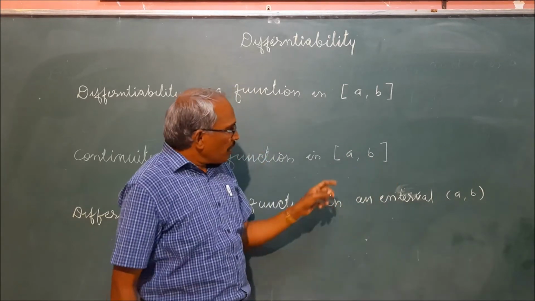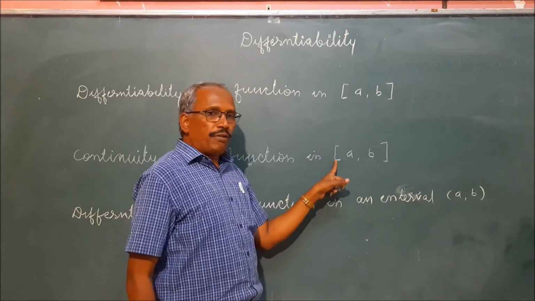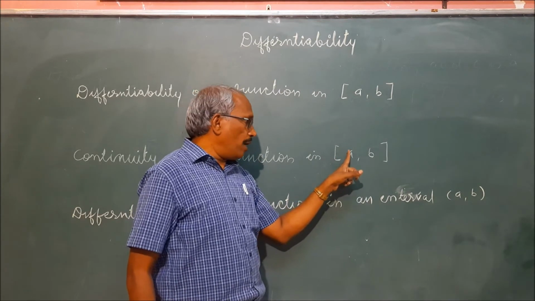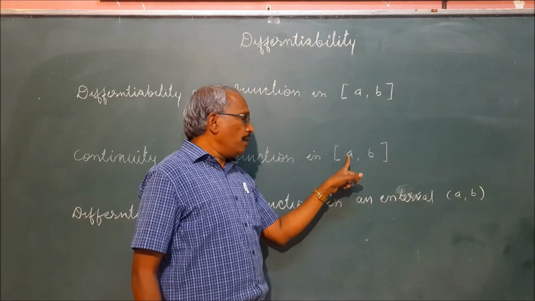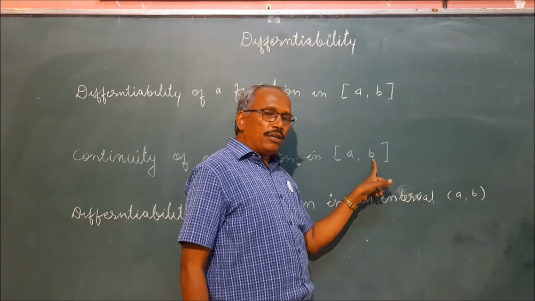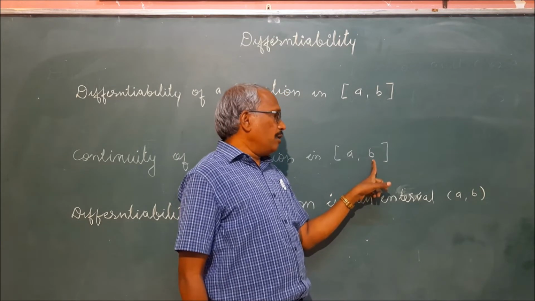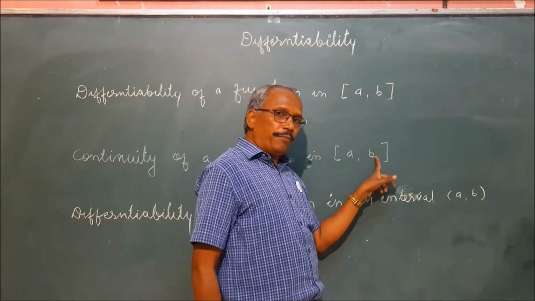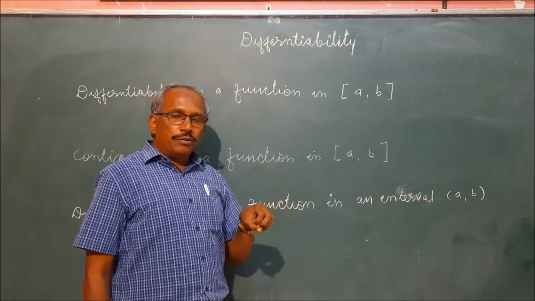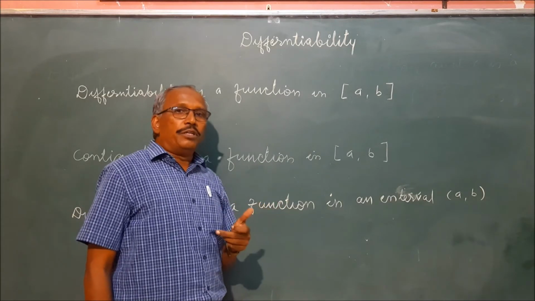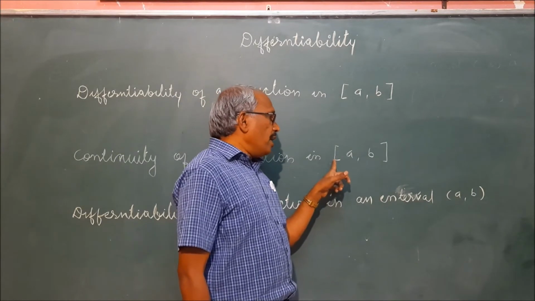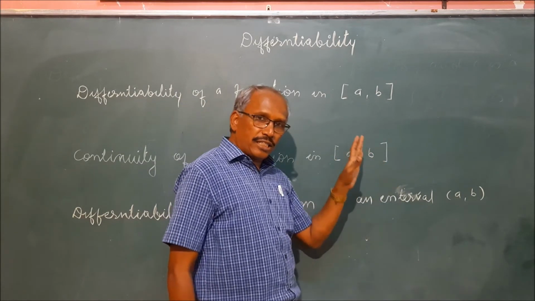That means the left hand limit and right hand limit at point a are the same. Also the left hand limit and right hand limit of the given function at point b are the same. That means it is nothing but the left hand derivative and right hand derivative of the given function at a and b are the same.